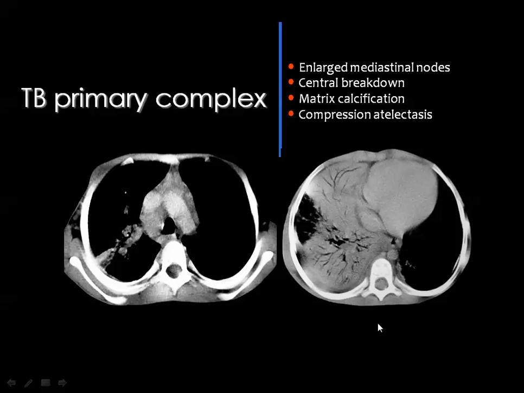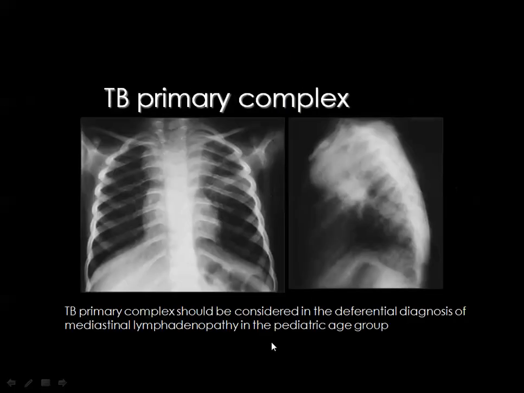Then in a child, if you see a pulmonary lesion, whether it is in the form of consolidation, like this one, with air bronchogram inside, as well as mediastinal lymphadenopathy. This is the aorta, this is the superior vena cava, retrocaval lymph nodes, prevascular lymph nodes. Then you may think of TB primary complex. And this is a golden rule.